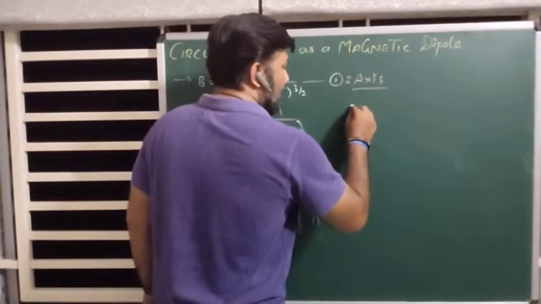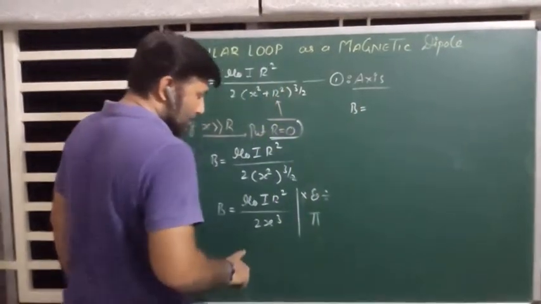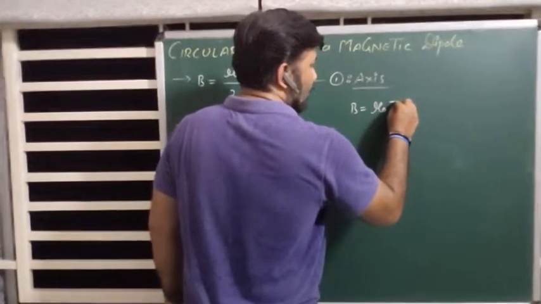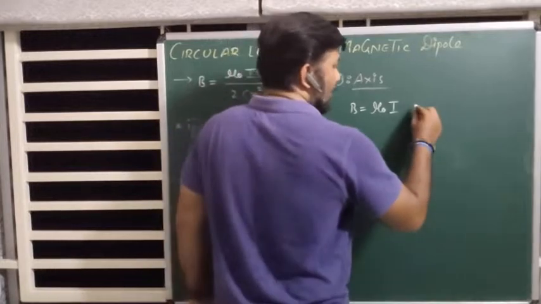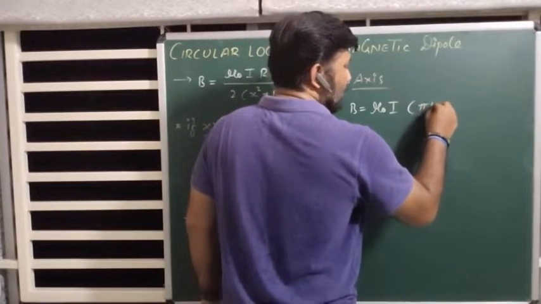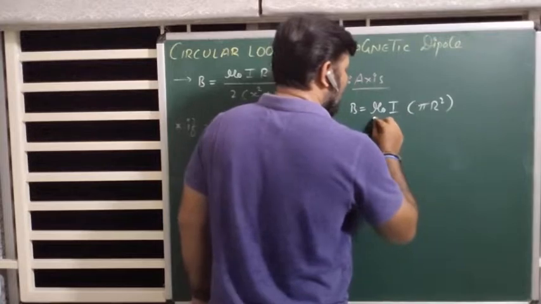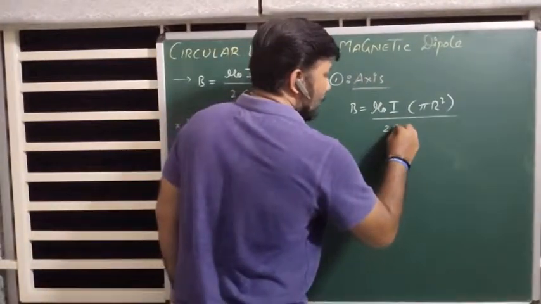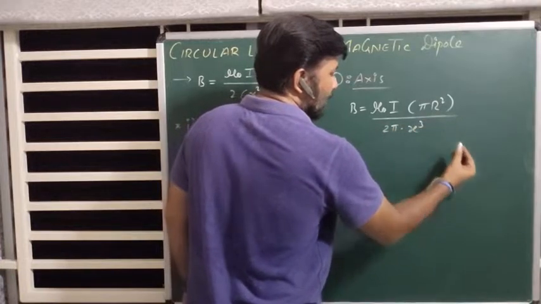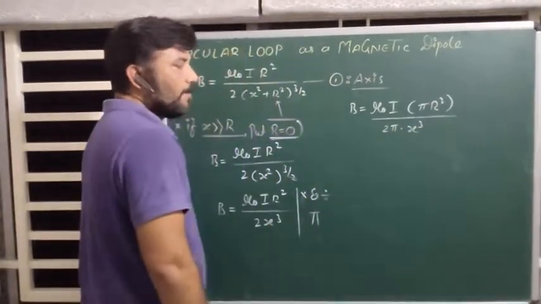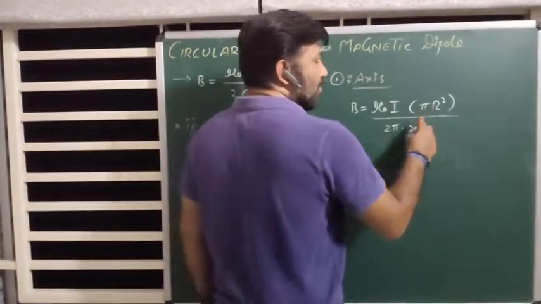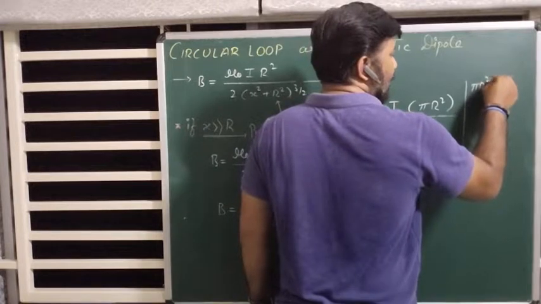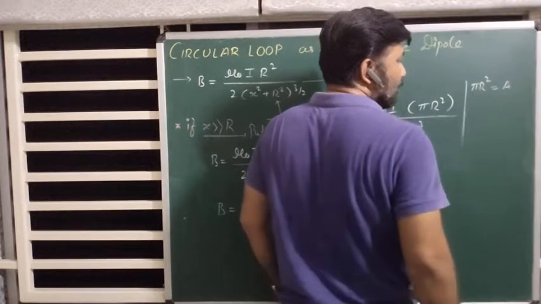So we get B equal to mu 0 I as it is, and here multiplying by pi, it is pi R square upon 2 pi x cube. What is pi R square? It is nothing but the area of a circular loop.